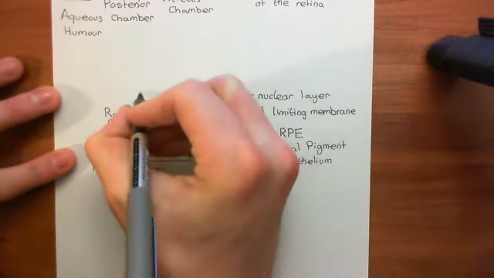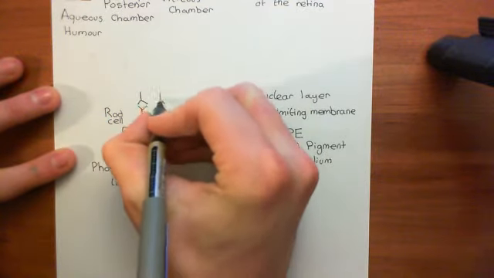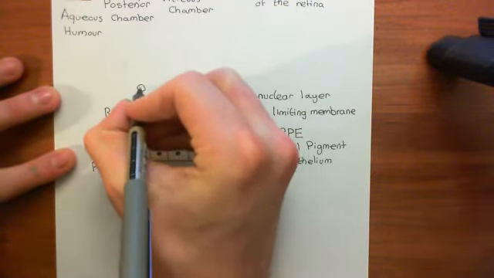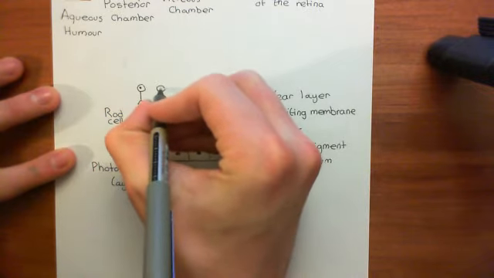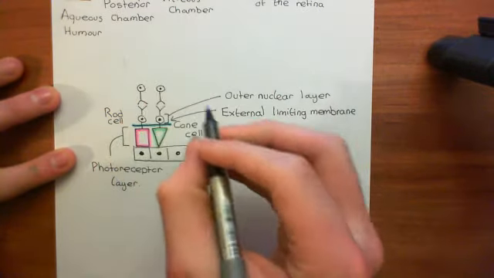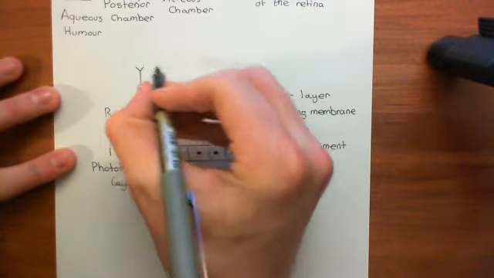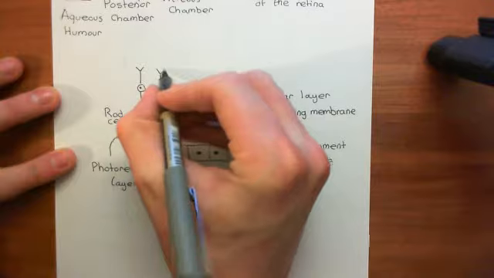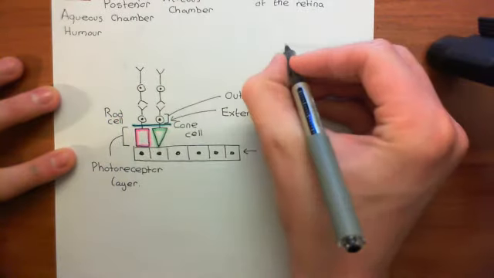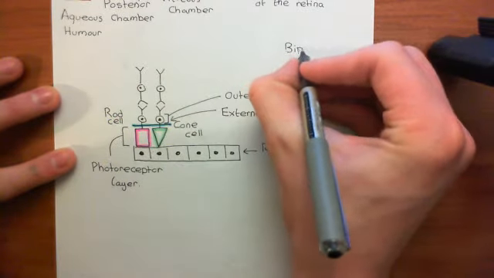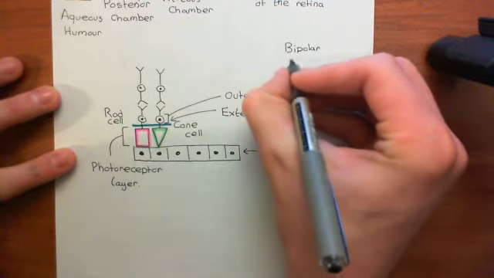Okay, right. The next neuron along then is a neuron known as a bipolar neuron. And again, it's having to be shown quite small because of space constraints. Okay, so the bipolar neuron is called a bipolar neuron because it has two processes. Okay, so it has two poles, if you like. So it has these two processes coming off it.